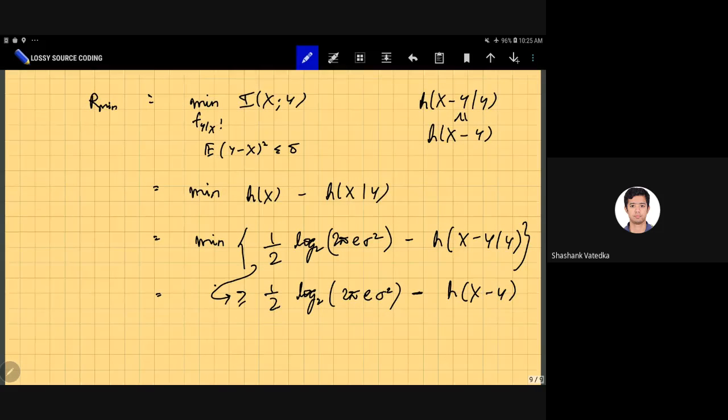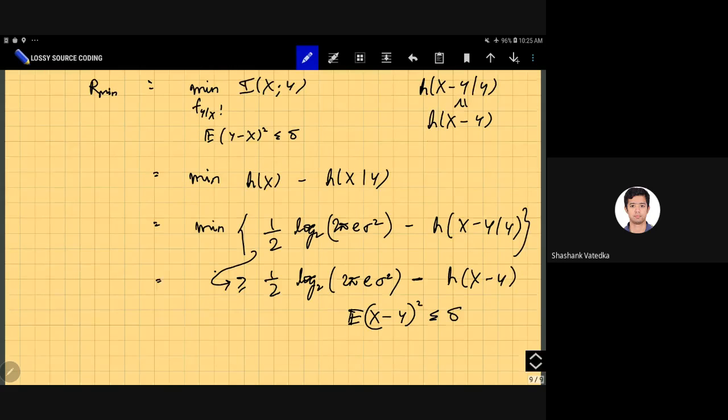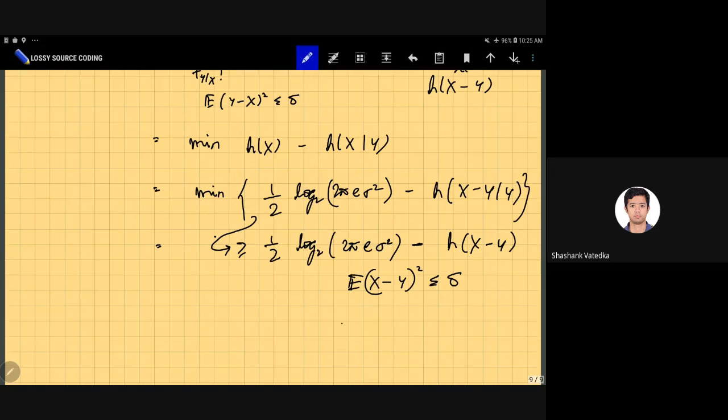But what do we know about the variance of x minus y? What do we know about this? We know that this should be less than or equal to delta, right? So what can you say about h of x minus y? Can you say that this is less than or equal to something?